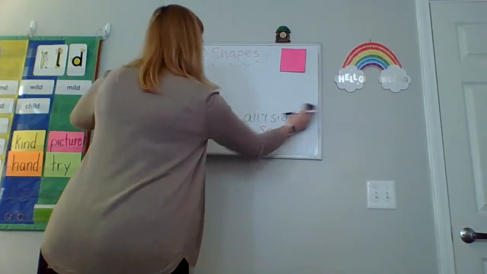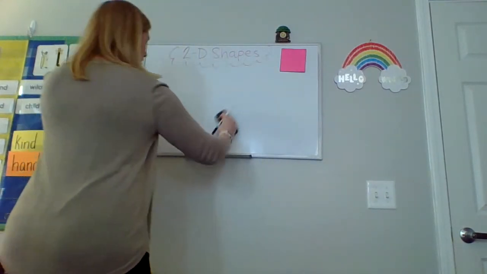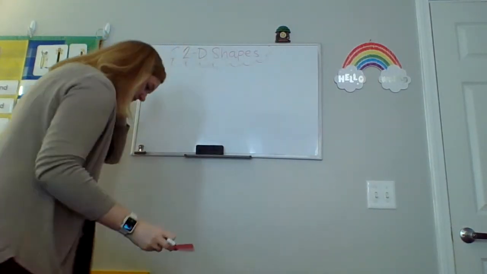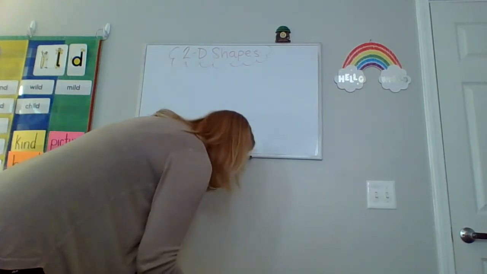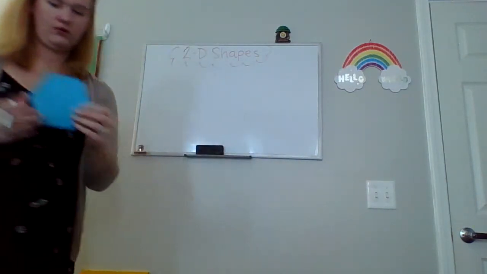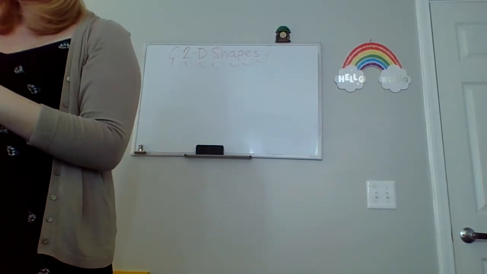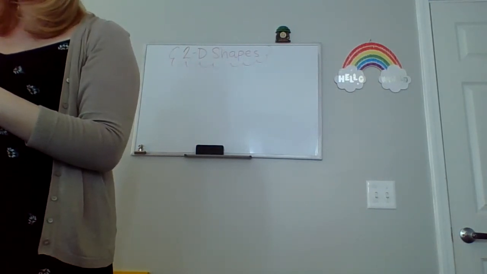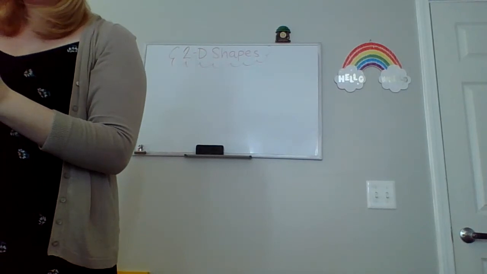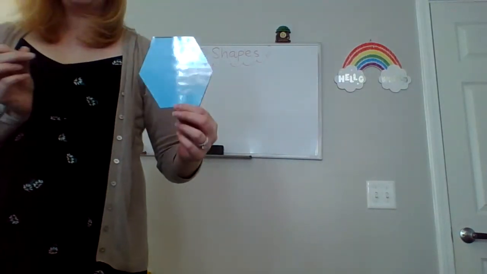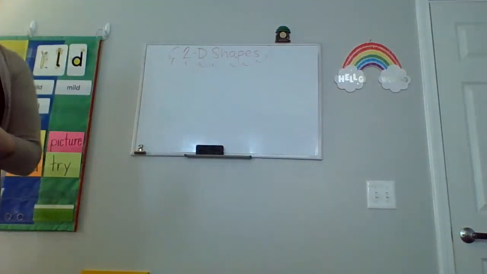Alright, we're going to do one more. One more, okay? Don't panic. I'd like you to draw this shape. Don't panic, you're panicking. I'd like you to draw this shape, okay?